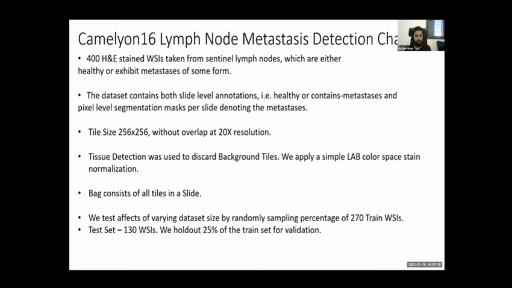And we ignore the pixel-level labels available in the dataset. Every slide is considered a bag, and we extract thousands of crops from every bag. These are the instances in the MIL. Like before, we want to test on different scenarios of dataset sizes. So we test the algorithm trained on a varying number of training slides, but we use a fixed test cohort of 130 whole slide images.